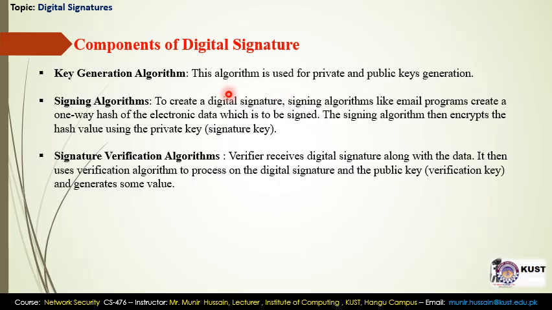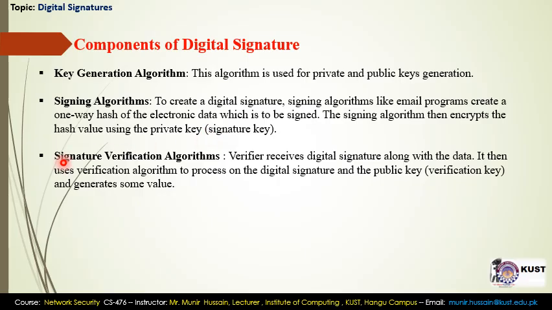The second component is the signing algorithm. To create a digital signature, signing algorithms like email programs create a one-way hash of the electronic data which is to be signed. The signing algorithm then encrypts the hash value using the private key or signature key.